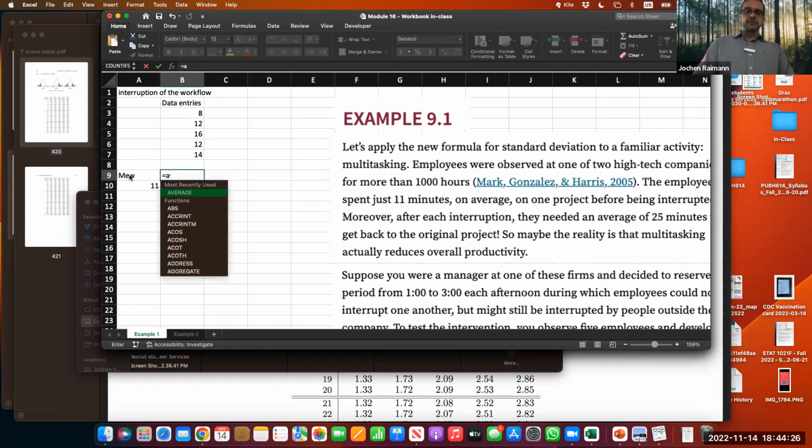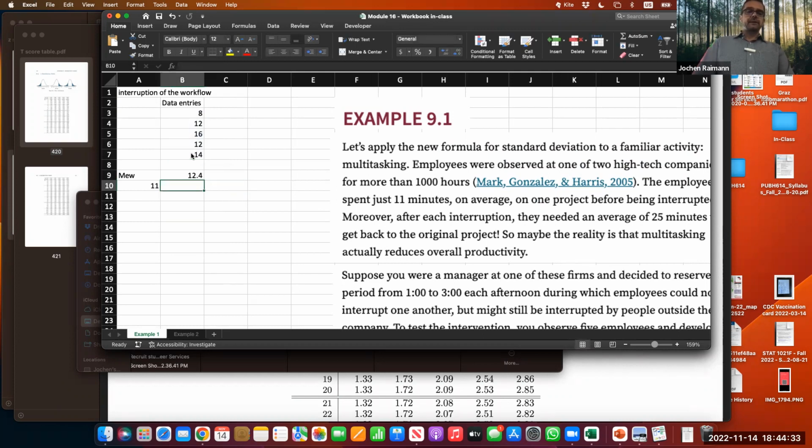Same concept again, so we're calculating the average. We're calculating and estimating M. We're calculating here a standard deviation, which is simply STDEV of these 5 entries. So that's our SD.